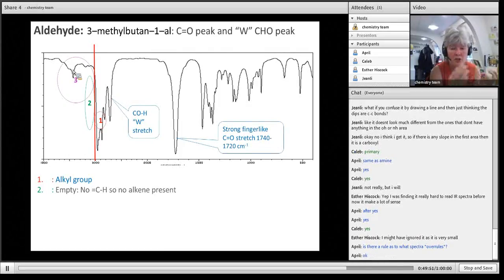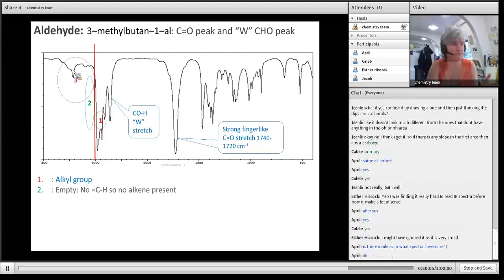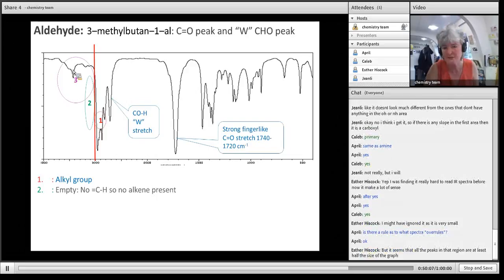You've just got to look at all the collective evidence. So if two spectra say one thing and the other one says not, then the two override the one. So that's the way you would go, rather than saying, oh, IR always wins, or NMR always wins, or something like that. So you have to look at all of them.